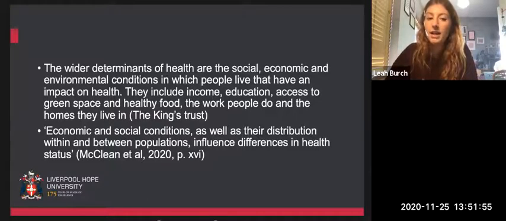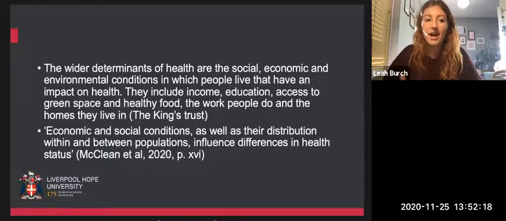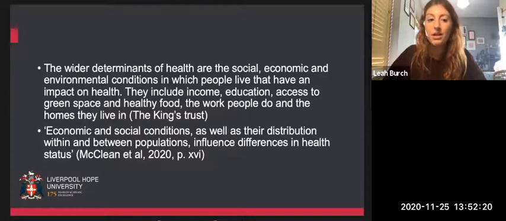So rather than problematising individuals for making poor health choices, these organisations take a much broader view of health and think about the types of socioeconomic and environmental conditions that people are living in that impact upon health. And so these include income, education, access to green space and healthy food, the type of work that people do, and the homes that they live in. So a lot of those things that we just looked at in the previous slide.